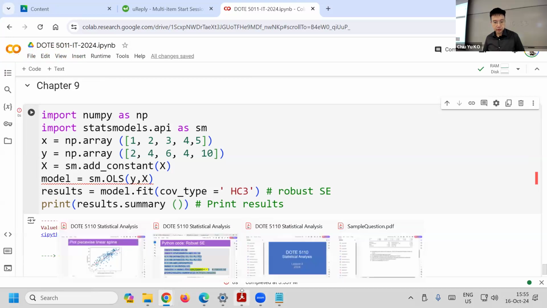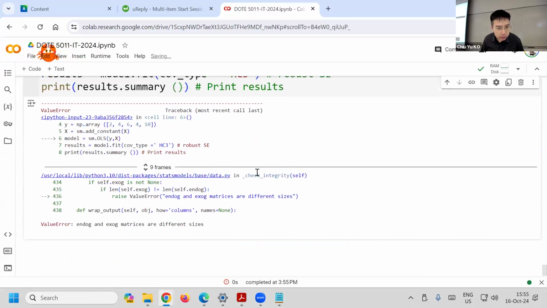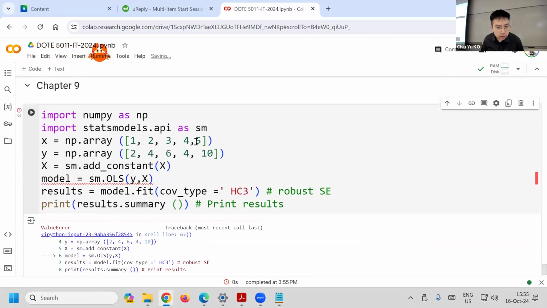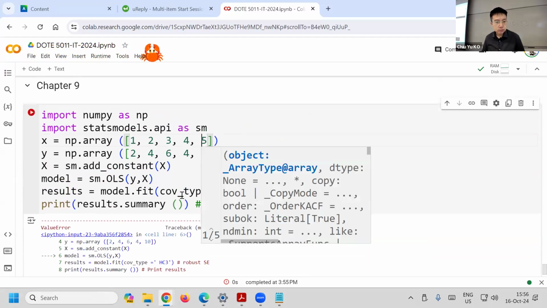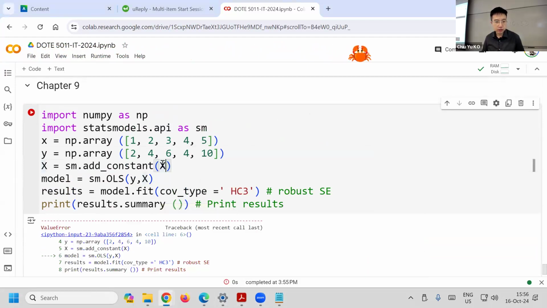Is there any issue? Oh, this is small letter, sorry.